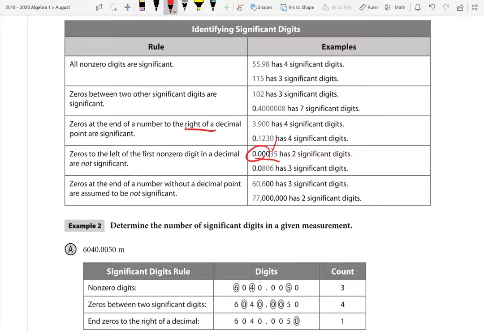All these other zeros are basically meaningless, because they're to the left, not to the right. Only the ones to the right, if there were zeros behind it, would be significant, but not the ones to the left. I don't know why. I really don't. That's just the way they write these rules.